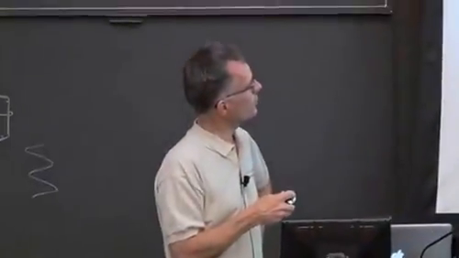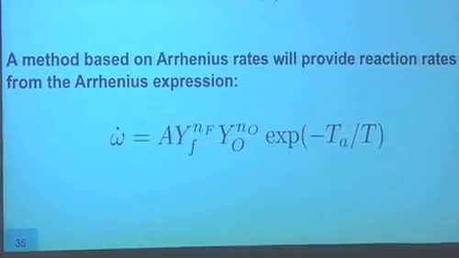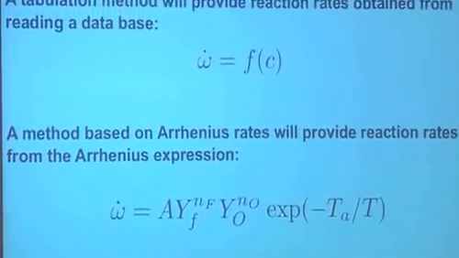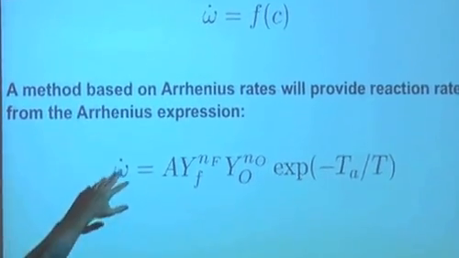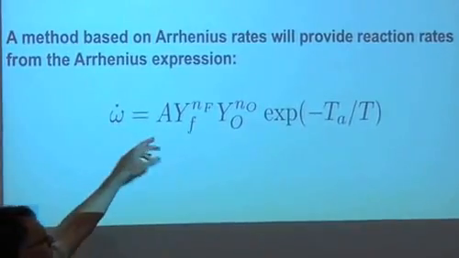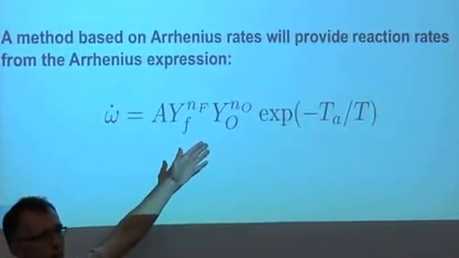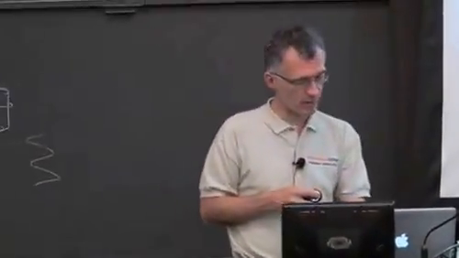If you use reaction rates based on Arrhenius rate, especially with these very dangerous expressions with exponentials, and if you solve explicitly for YF, YO, and temperature, you can have stupid values in a method based on Arrhenius reaction rates. Because, for example, if YF gets negative, the whole thing won't mean anything. So in practice, if you write a code with a tabulation method, it's more stable. You have fewer problems. That's a good feature of this method.